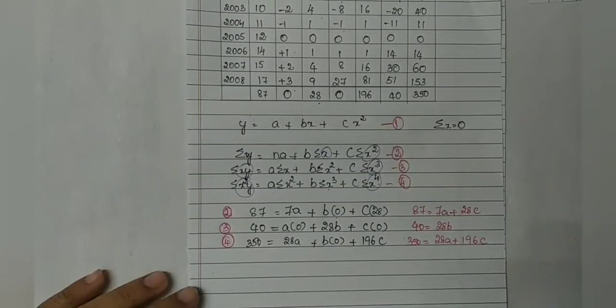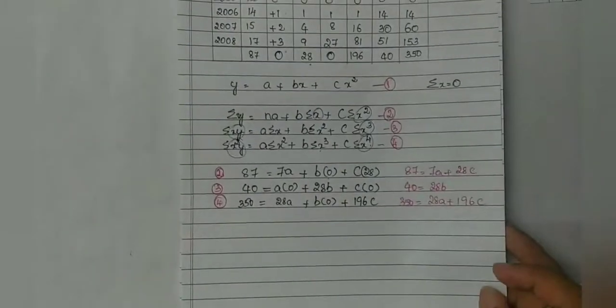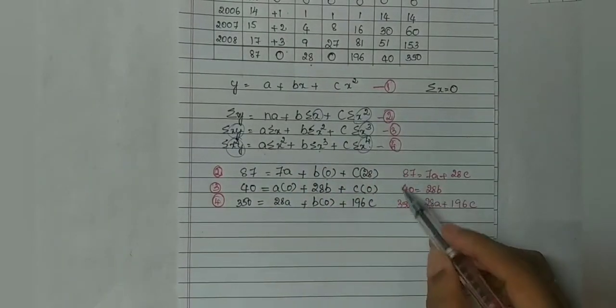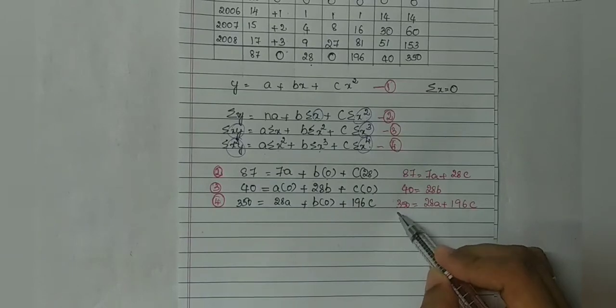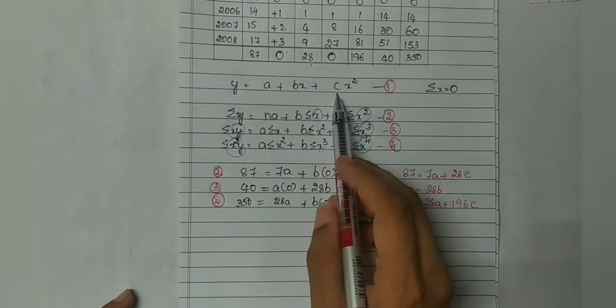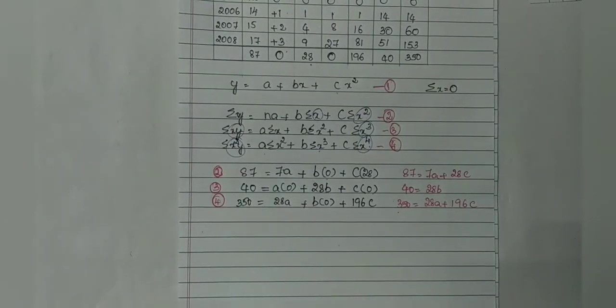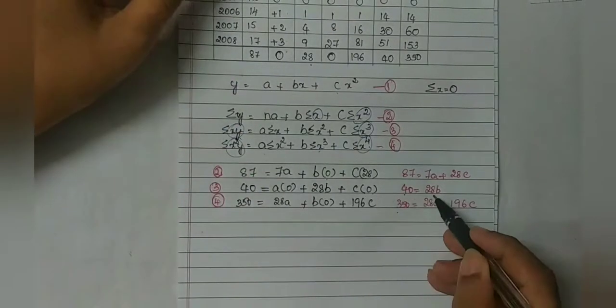To find out the trend values, first we should know the value of a, b and c, isn't it? So using these supporting equations, we will get the values of a, b and c. So when we simplify this, first let us take this one.